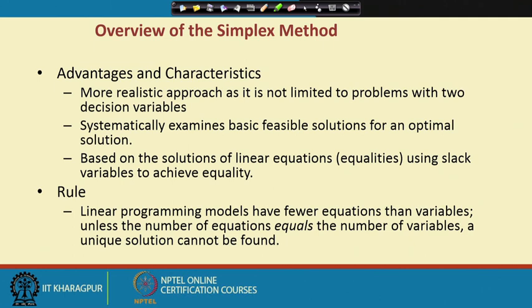And that means typically it is a method of improvement.